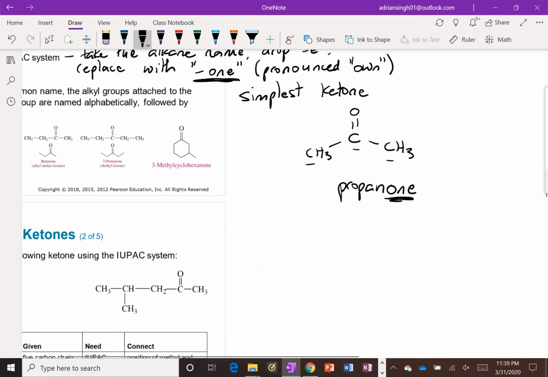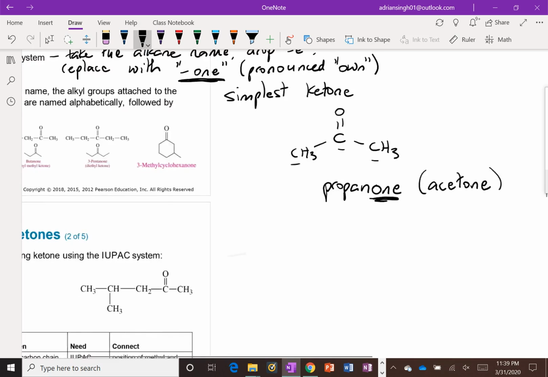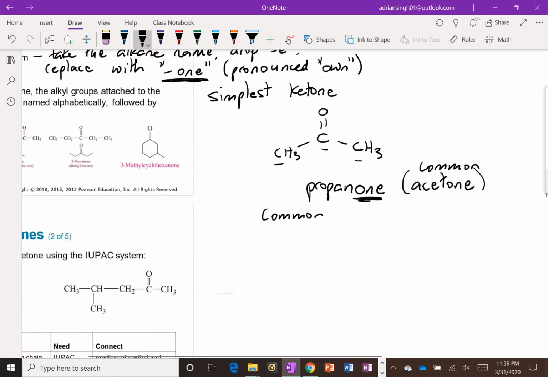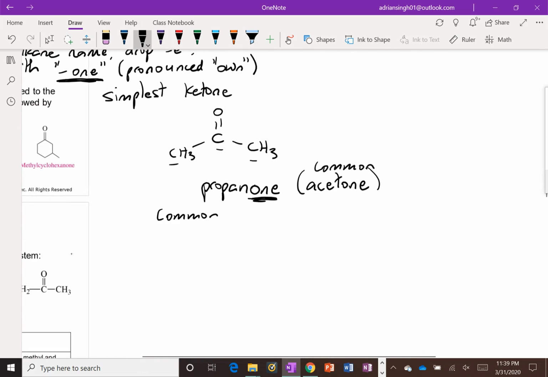Which has a common name associated with it that is more commonly known as acetone, which is sometimes used as nail polish remover. The other way that we can name our ketones, and this is also a common name, would simply be to name the alkyl groups attached to the carbonyl, right?